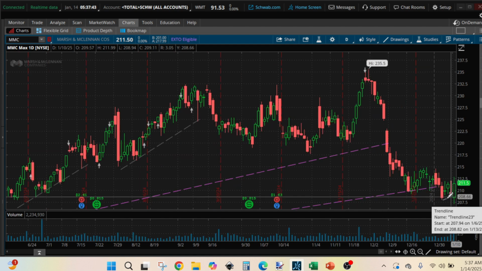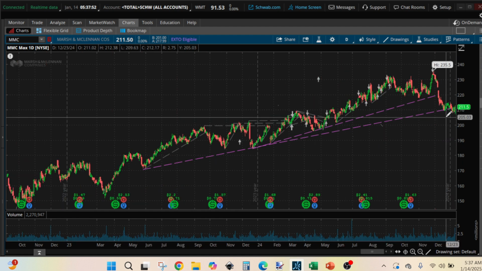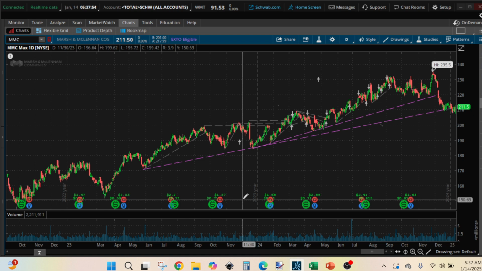Although that is the lowest one that we traced, I would think it won't go lower than that. But I would want to see one more higher low before we buy.